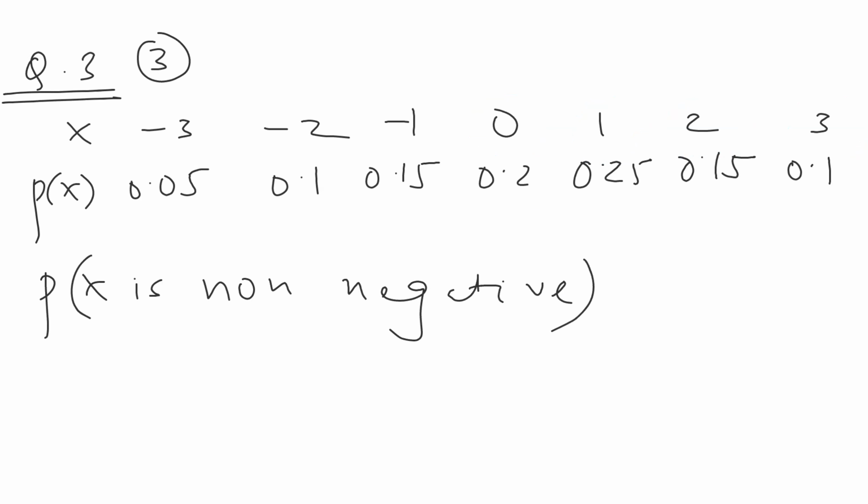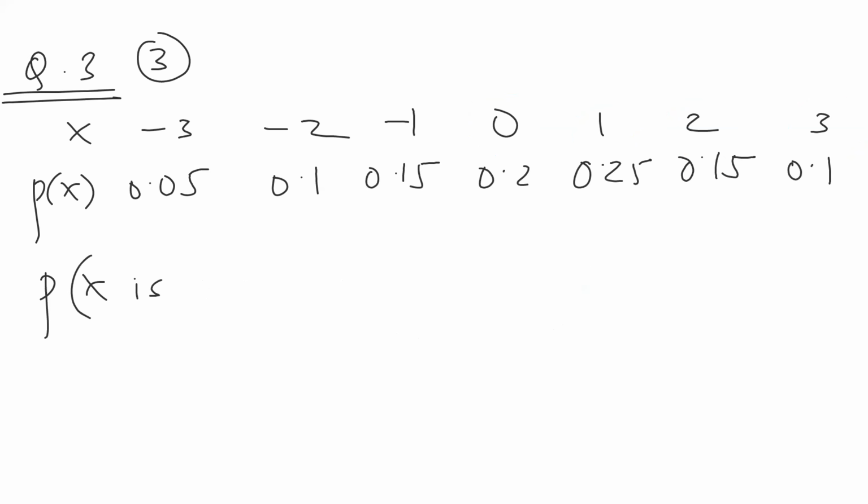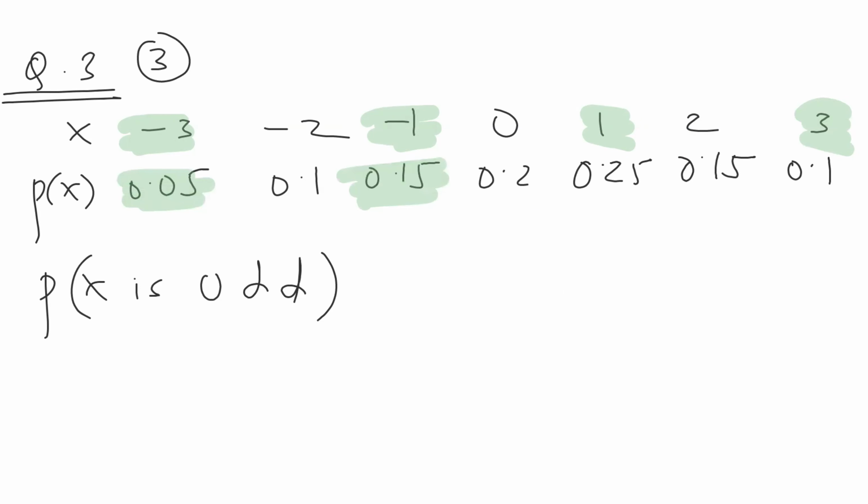Then X is odd. They are asking when X is odd. So odd numbers over here are -3, -1, 1, and 3. So add all these probabilities 0.05, 0.15, 0.25, and 0.1.